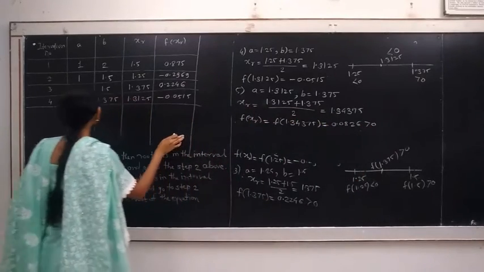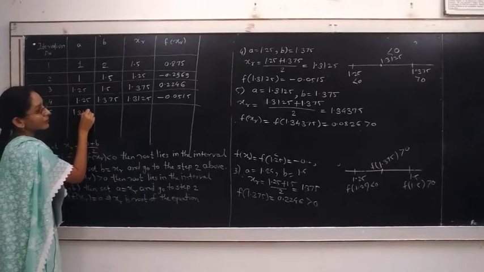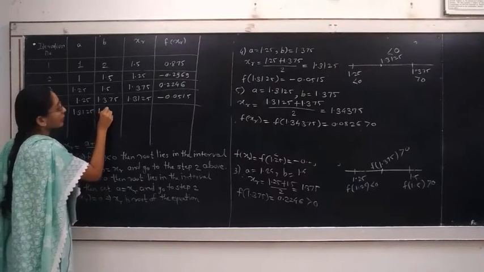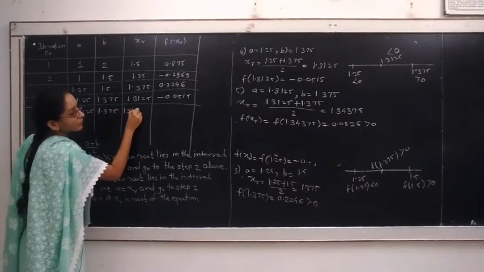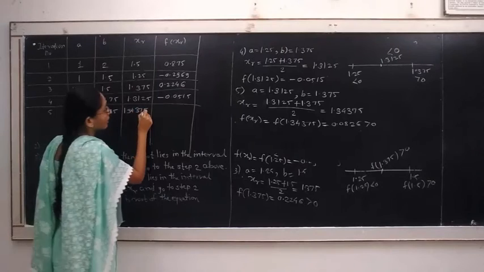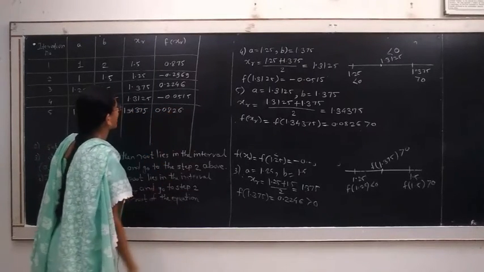In the fifth iteration, A equal to 1.3125, B equal to 1.375, and the value of XR is 1.34375. F of XR is 0.0826.